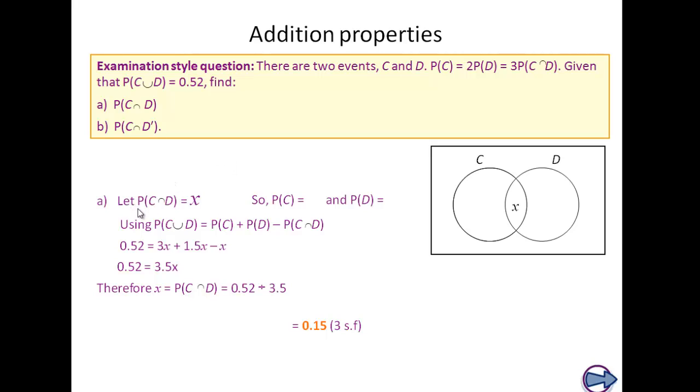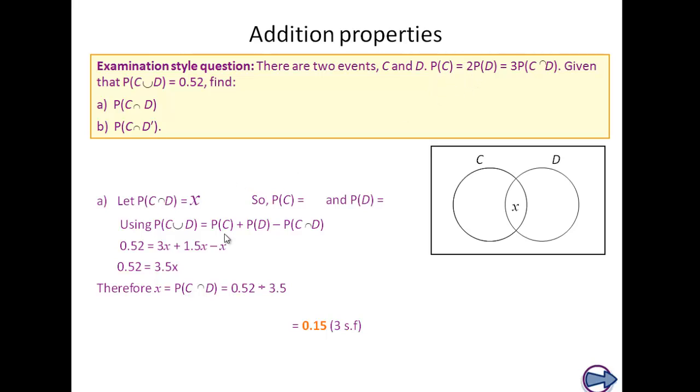Okay, so starting from what we know, the probability of C and D is x. So this is x. 3 times x is equal to twice the probability of D and is equal to the probability of C. So we know straight away that the probability of C is 3x, and that therefore means that the probability of D must be 1.5x, because it's half of that, isn't it?